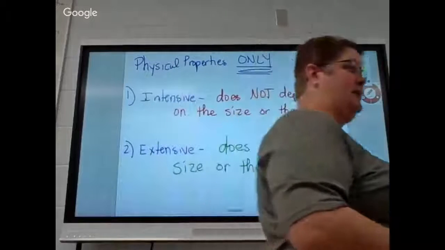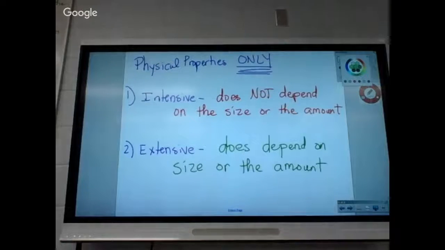Okay, extensive does depend on size or amount. So, if we cut it in half, the property would change. It would no longer have that same value. So like tearing a piece of paper in half, it would still have the same properties? Yes. I'm getting ready to go back and we're going to label those that we just have to illustrate.